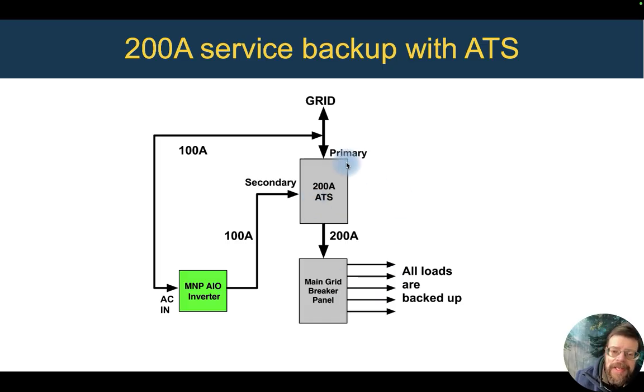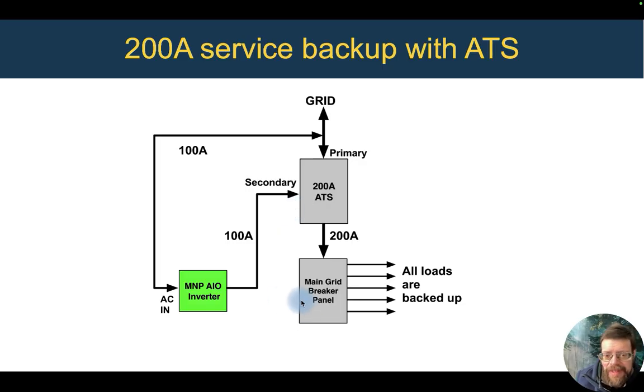If the grid fails, it just switches over to using the inverter output to power all the loads. Now here's the tricky part. We need to feed the AC in, the grid input of that inverter, upstream of that transfer switch. If we take our AC in off of our main grid breaker panel here, when that transfer switch switches over, it's going to see its own power coming in the secondary, going into the main grid breaker panel, back into the inverter, we get a loop, and the inverter just becomes confused because it says, oh, the grid is up, but the grid is myself.